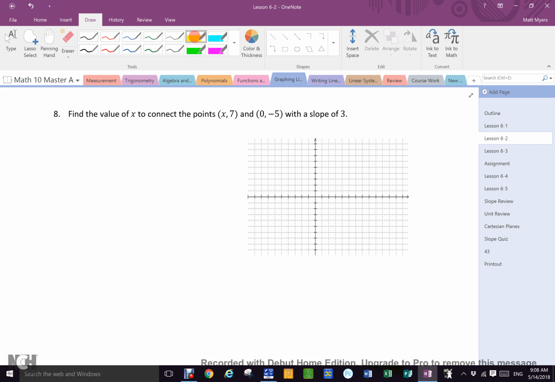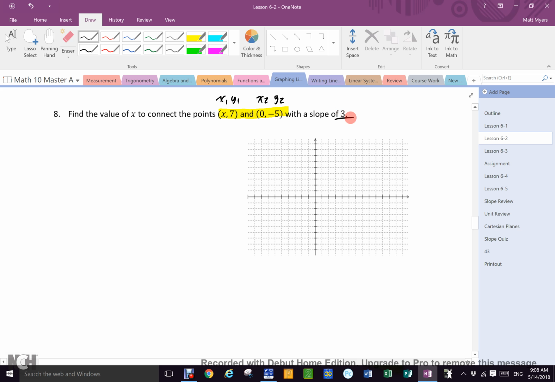But here's the way I think of it. What do I see right there? I see x's and y's, right? So I know I've got x1, y1, x2, y2. And what's this? That's my slope. But it's not a fraction, so what should I do to it?